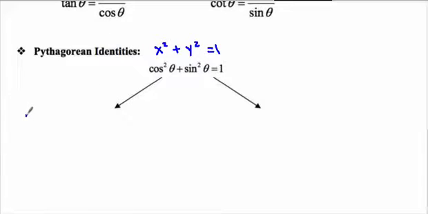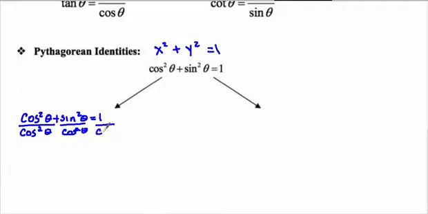Okay, so let's take this original one and we're going to divide through, so cosine squared theta plus sine squared theta equals 1. I'm going to divide each part by the same thing, so I'm not actually changing anything. But I'm going to divide everything by cosine squared. So cosine squared theta and cosine squared theta, these would just simplify to 1.